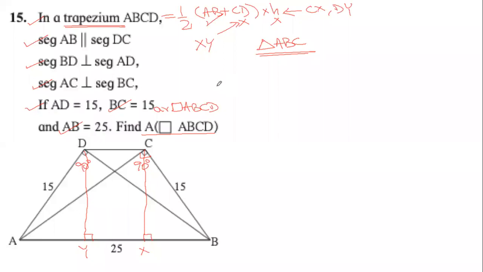So we can find AC using Pythagoras theorem as the square root of 25 square minus 15 square. If you know your squares, you can very easily say this is the square root of 625 minus 225, which is the square root of 400. So this is 20.